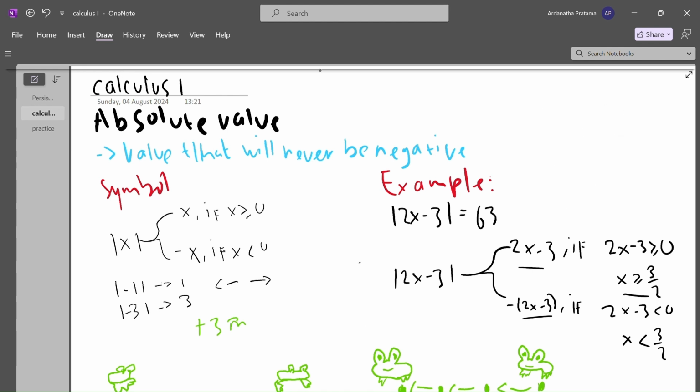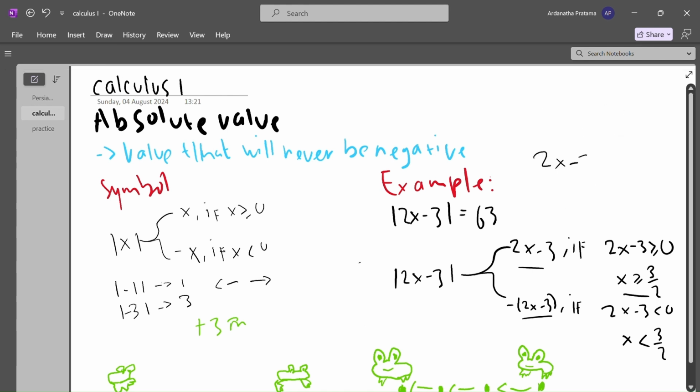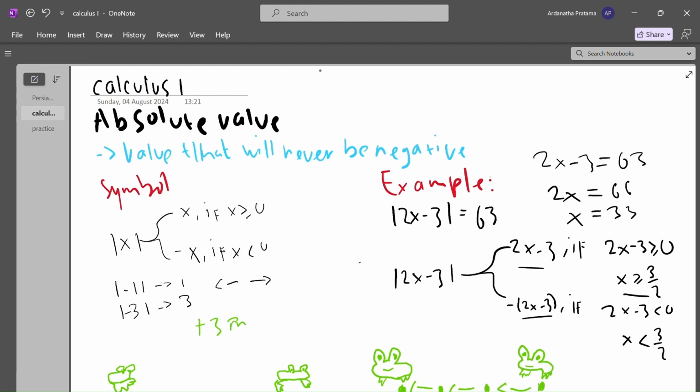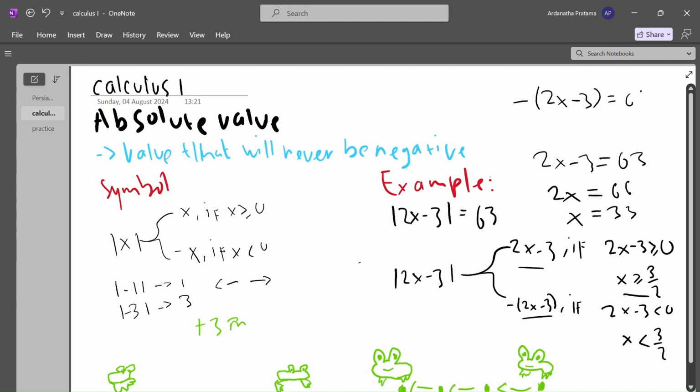So we get 2x minus 3 equals 63, and 2x equals 66, so x equals 33. Is that enough? Of course, we have one more: minus (2x minus 3) equals 63.